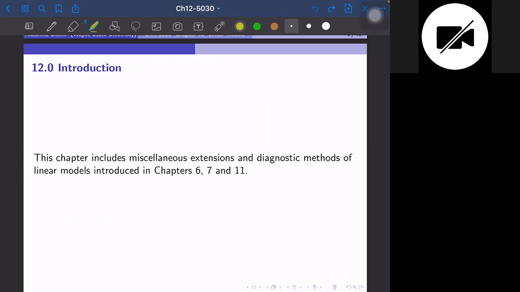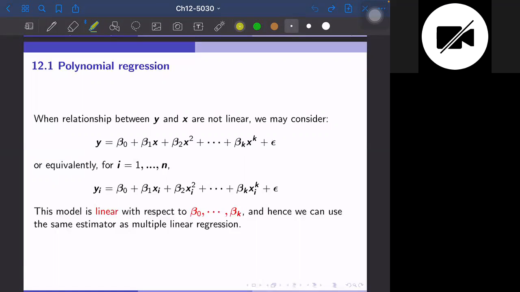Okay, so 12.1, polynomial regression. We have considered multiple linear regression, and always the relationship between y and the x j is linear. But here, we only think about y and x for now, but we think about y as a polynomial of x.